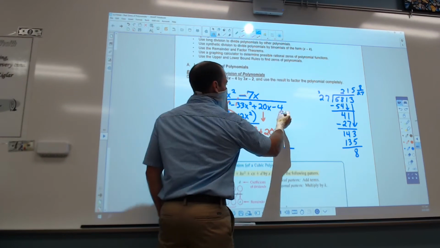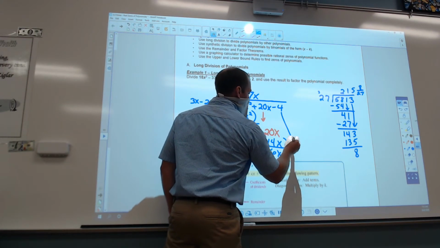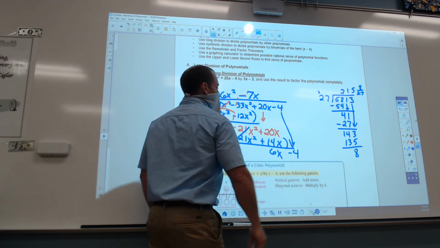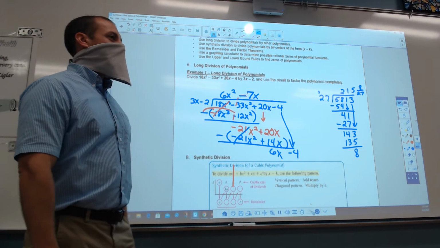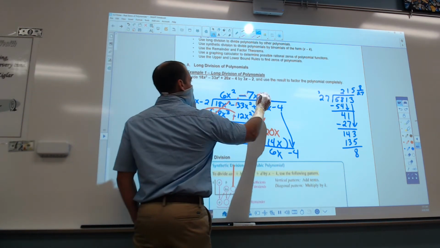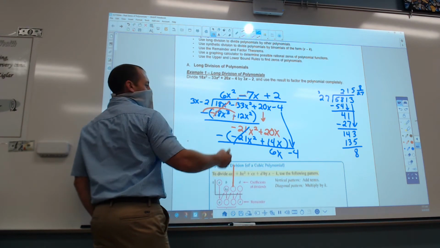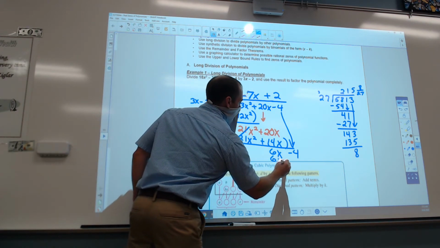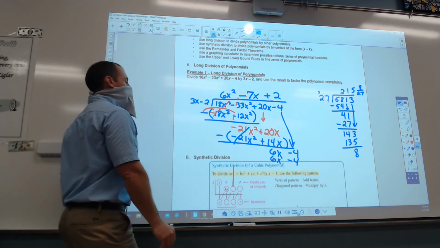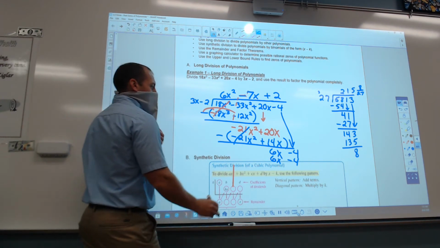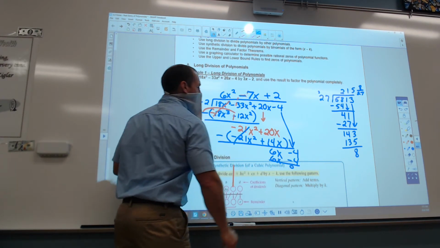And then bring down that minus 4 down there. Last step. We need a plus 2 up here and distribute your 2 to those. And you get 6x minus 4, which means what's your remainder this time? We don't have it. We're good.